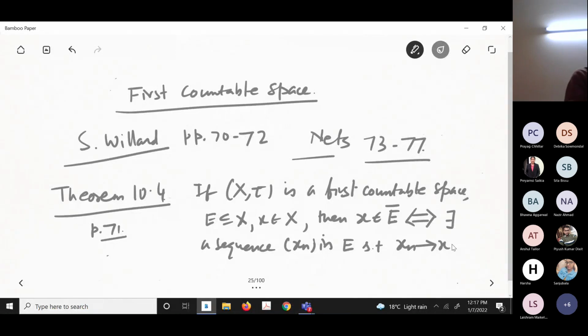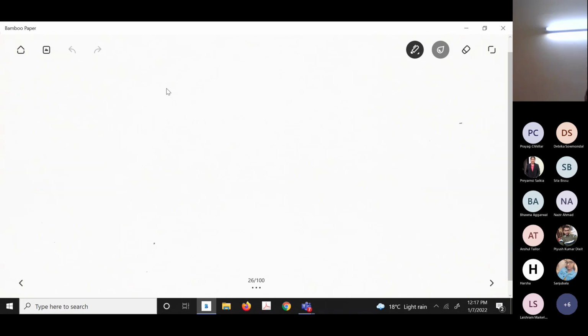Okay, but here I should tell you what problem you may have. This you can prove. Look, in metric space you have B(x, 1/n), usually we take that. But you see that B(x, 1/n) is contained in B(x, 1/m) if n is greater than m, because this will be smaller.